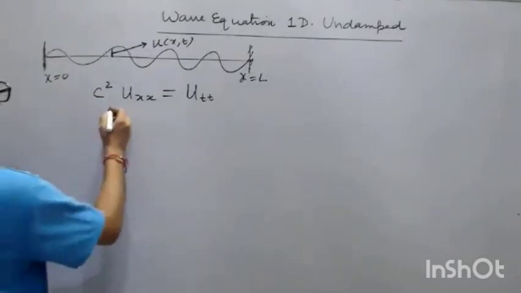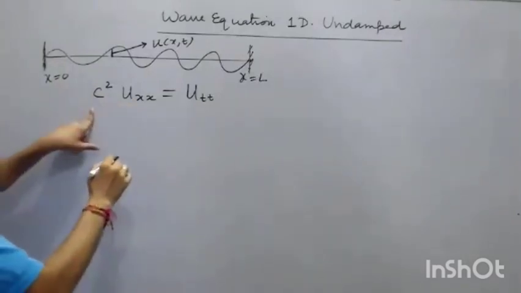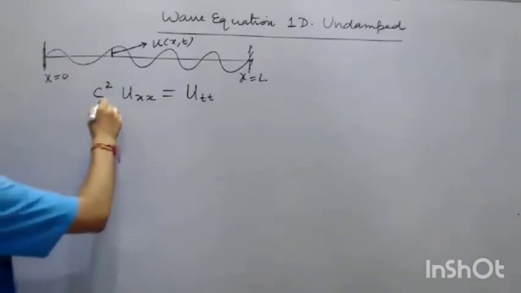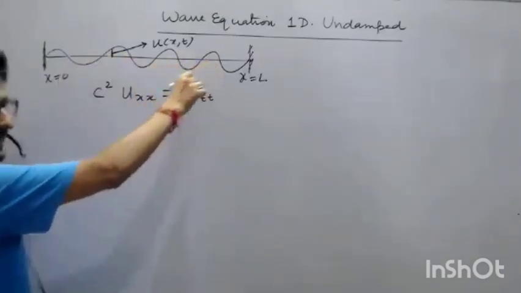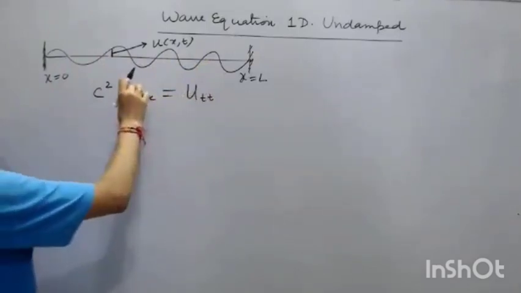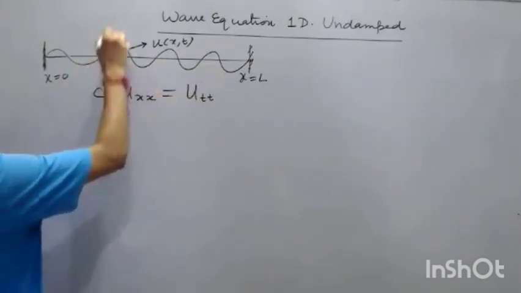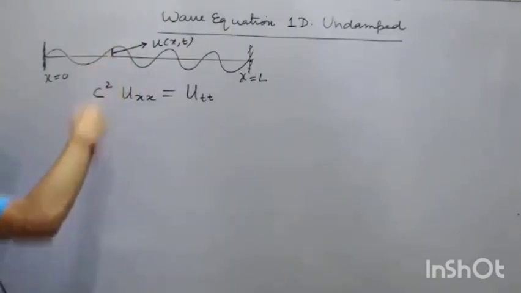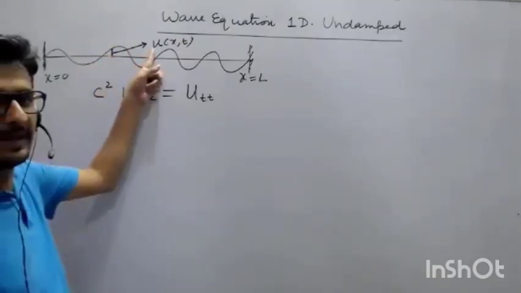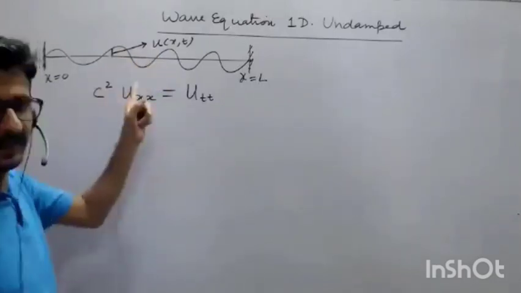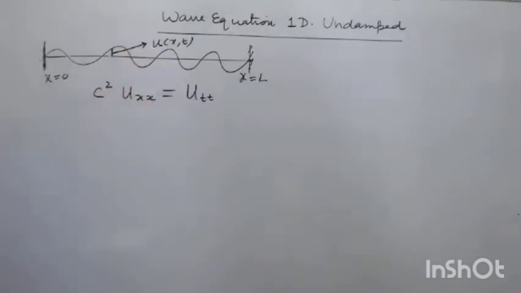So what I will do, you can see from here that this c will represent the velocity. So this c is the wave velocity by which the wave is traveling, but there is another velocity also. This displacement has also got a velocity that will be represented by u dot. Okay, so both velocities are different in the wave.